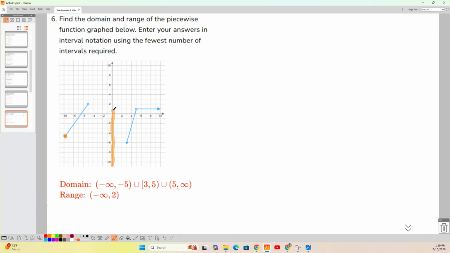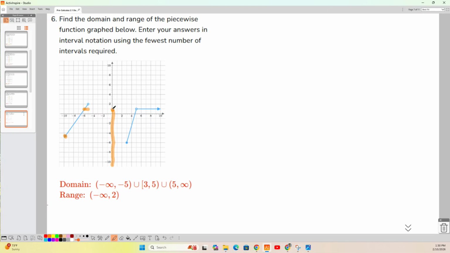Even though there's an open circle at the point negative 5, 1, when looking at the y value, when y is 1 here, the graph exists.